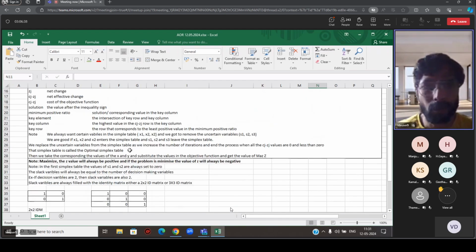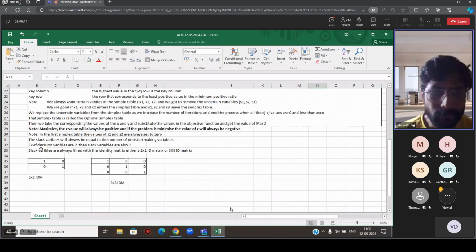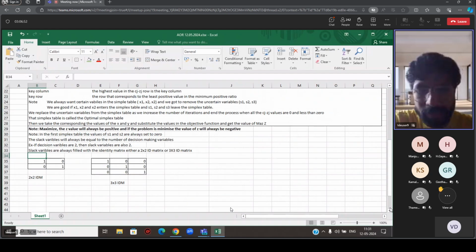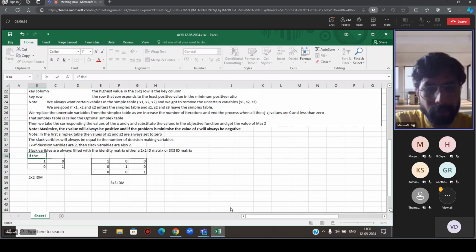Okay, now what do we have to do further? Slack variables are always filled with a 3 cross 3. Here again, I have to add one more thing. What if the key element is 1?